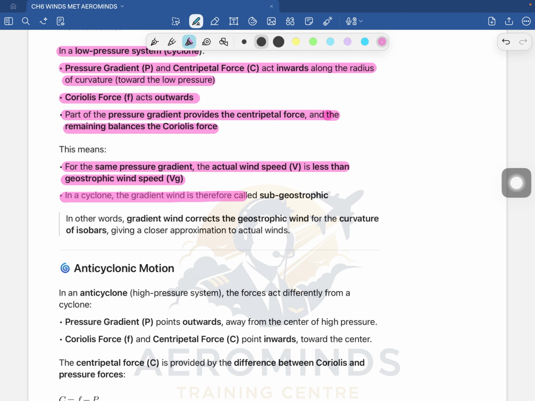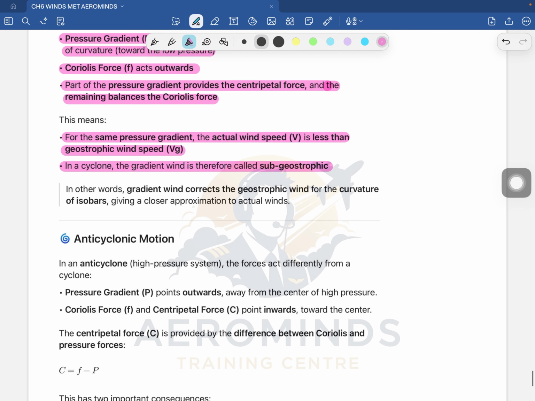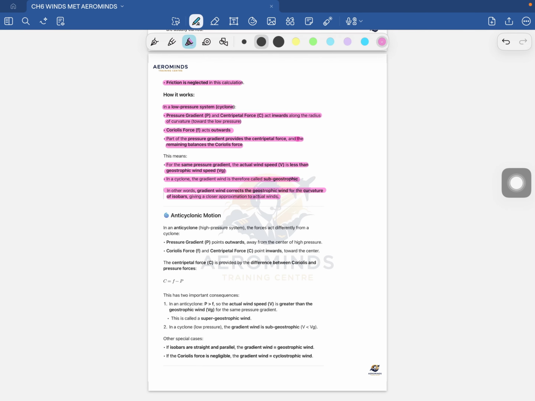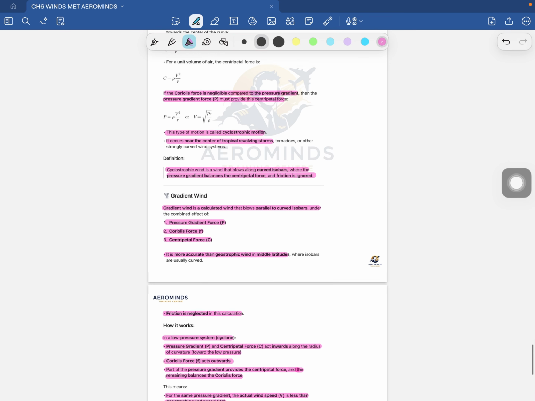The gradient wind is therefore called subgeostrophic wind. In other words, gradient wind corrects the geostrophic wind for the curvature of isobars, giving a closer approximation of the high altitude winds. So that is it for this part.